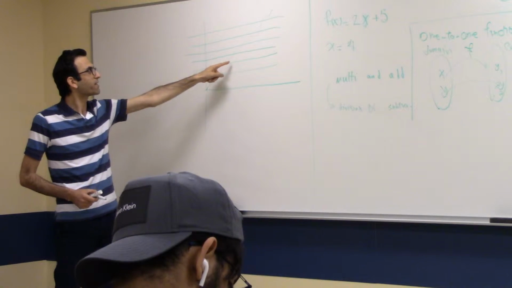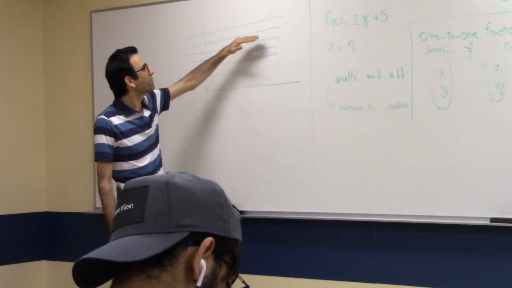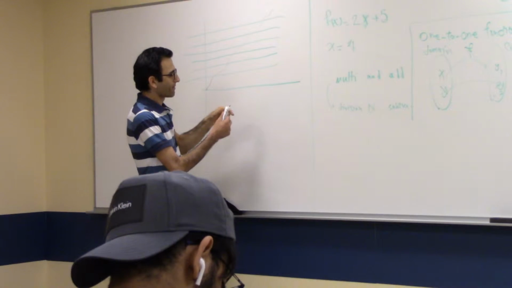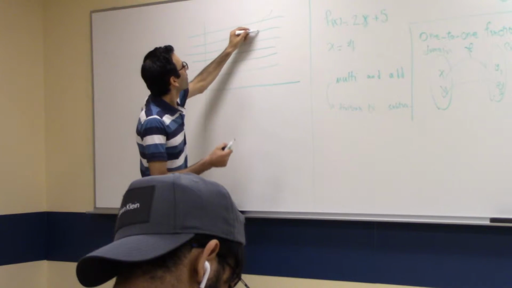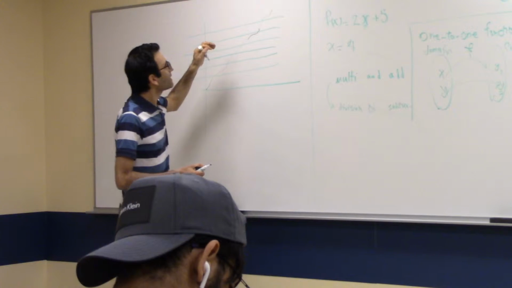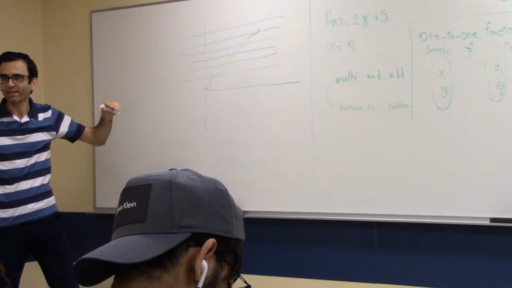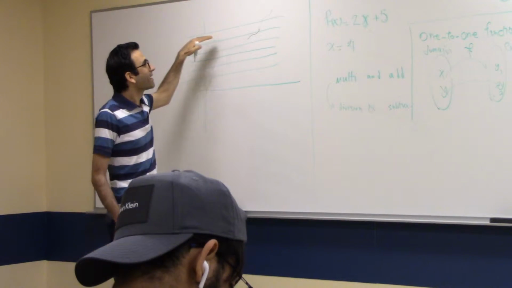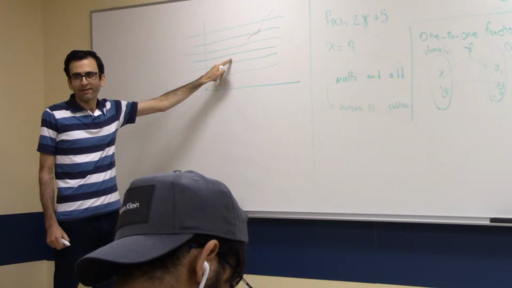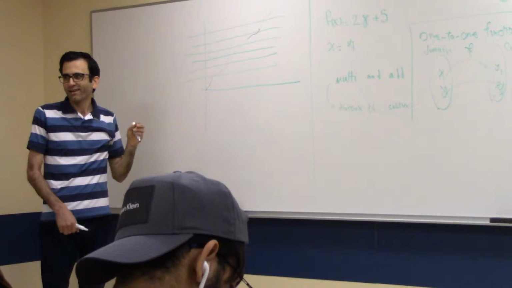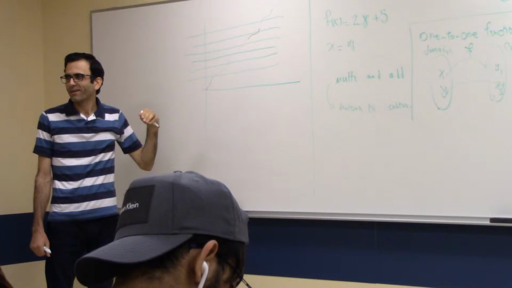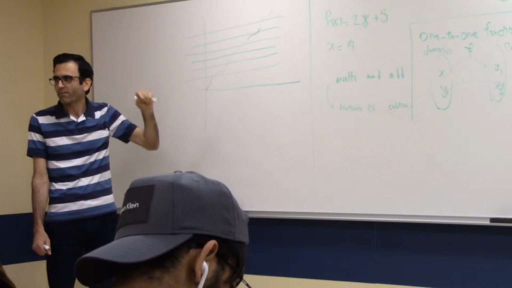For example, this one is a one-to-one function because any horizontal line you draw will cut the function at exactly 1 point.